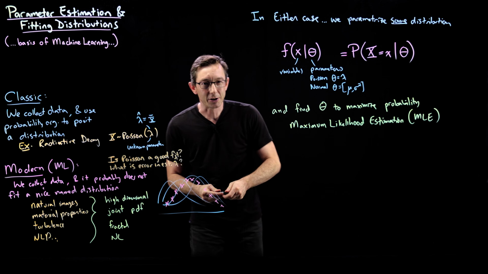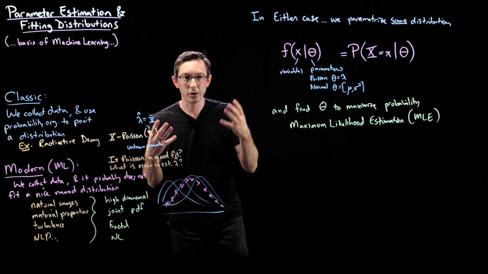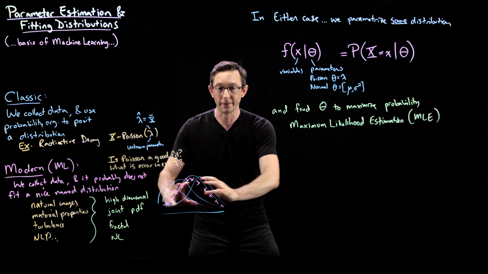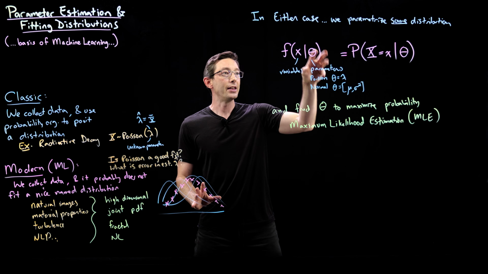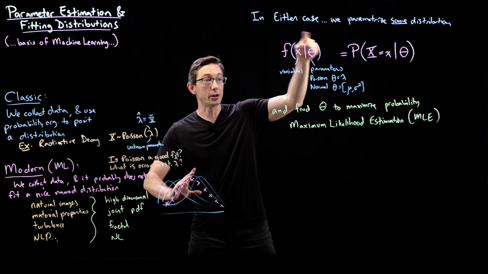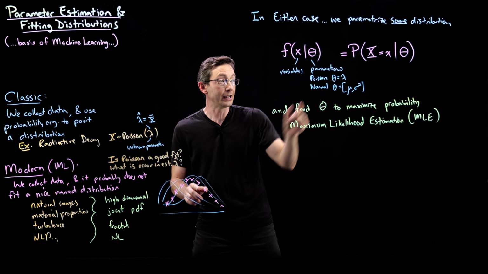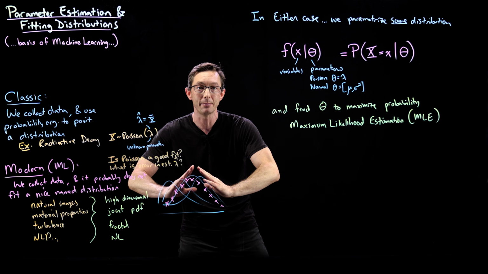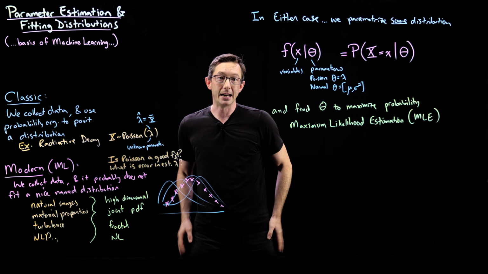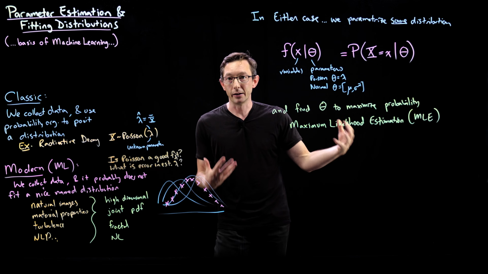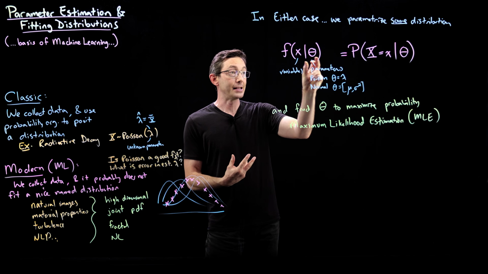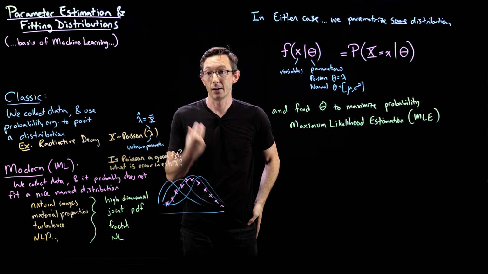What we're trying to do is find the lambda that makes the distribution f of x given lambda best match the observed data. There is a lambda that will be most closely matched to that data, and that's what the maximum likelihood estimator does: it finds that best fit parameter theta.